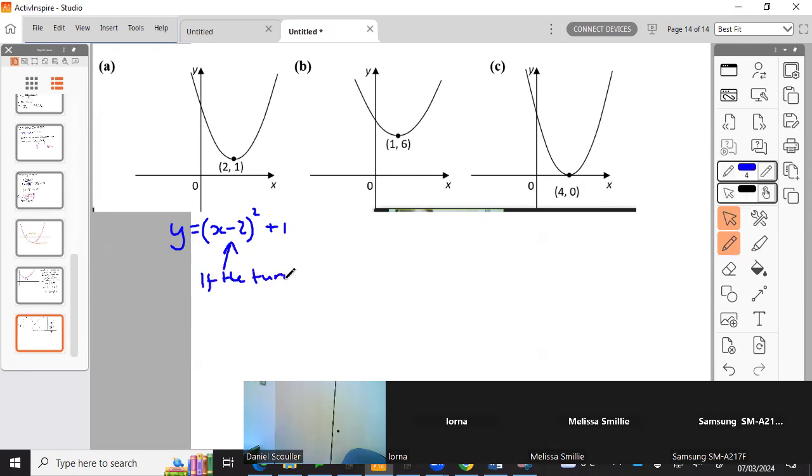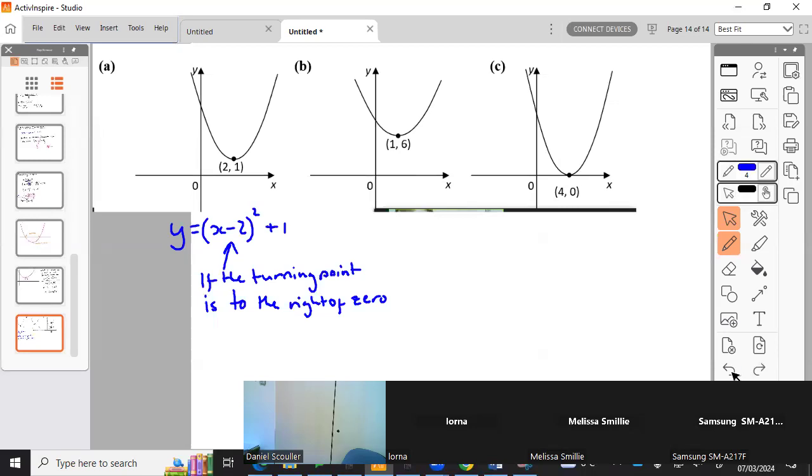If the turning point is to the right of 0, i.e. it's a positive number on the x-axis, okay?